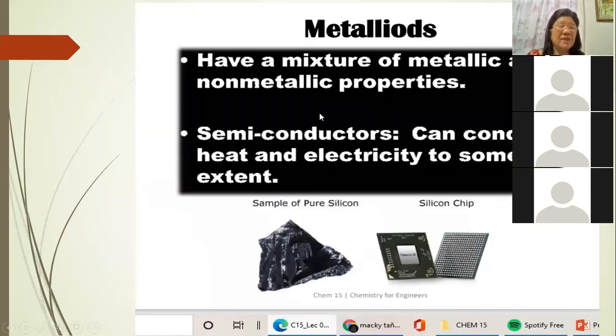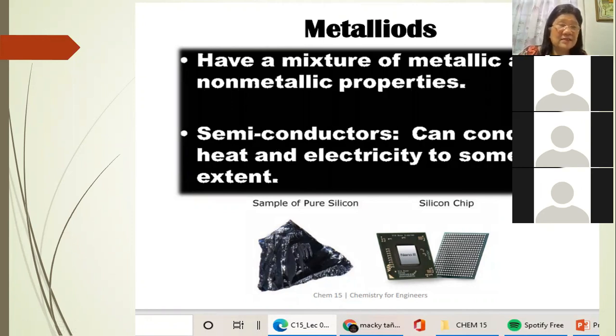What are metalloids? Metalloids are a mixture of metallic and non-metallic properties. That is why they are called metalloids: metal and non-metal. So they are semiconductors. If metals are conductors, these metalloids are semiconductors.